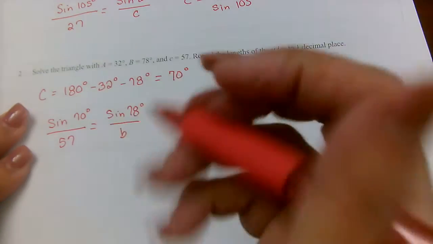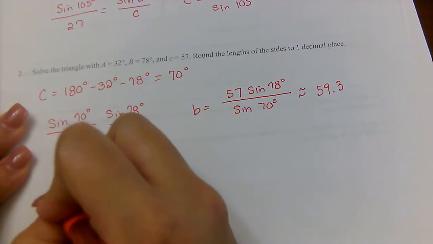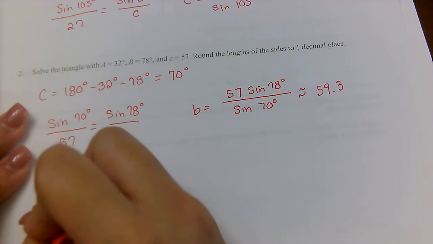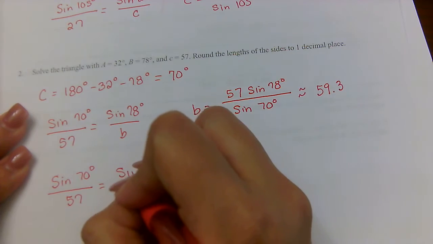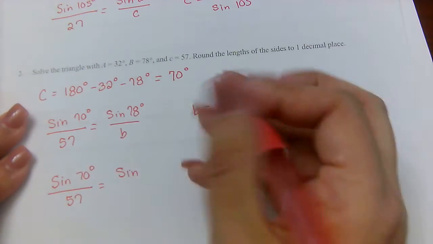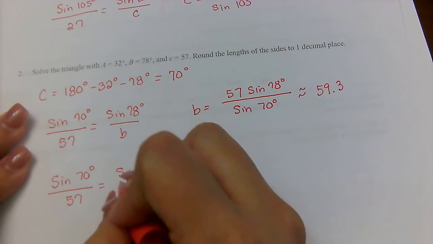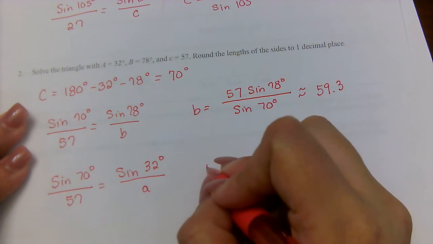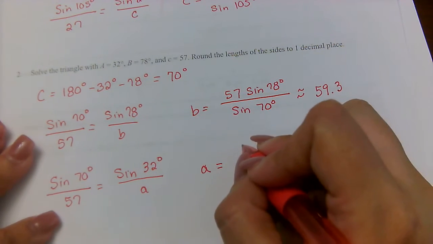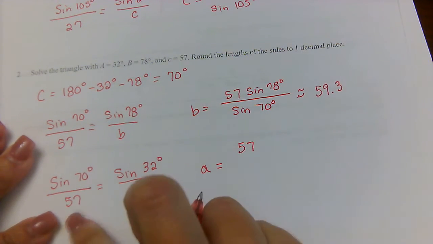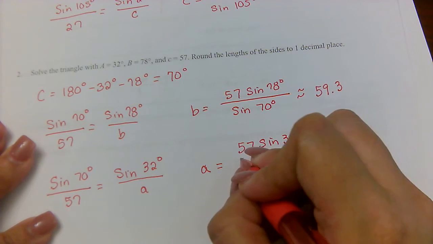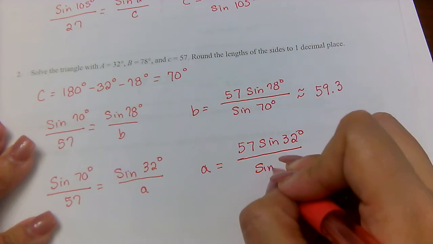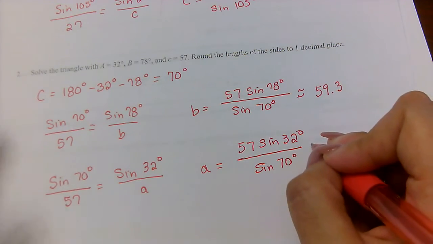Now we're just missing a. I'm going to use the same ratio. Sine of 70 over 57 is equal to sine of 32 degrees over little a. So a will equal, bat and ball, 57 sine of 32, all divided by sine of 70.